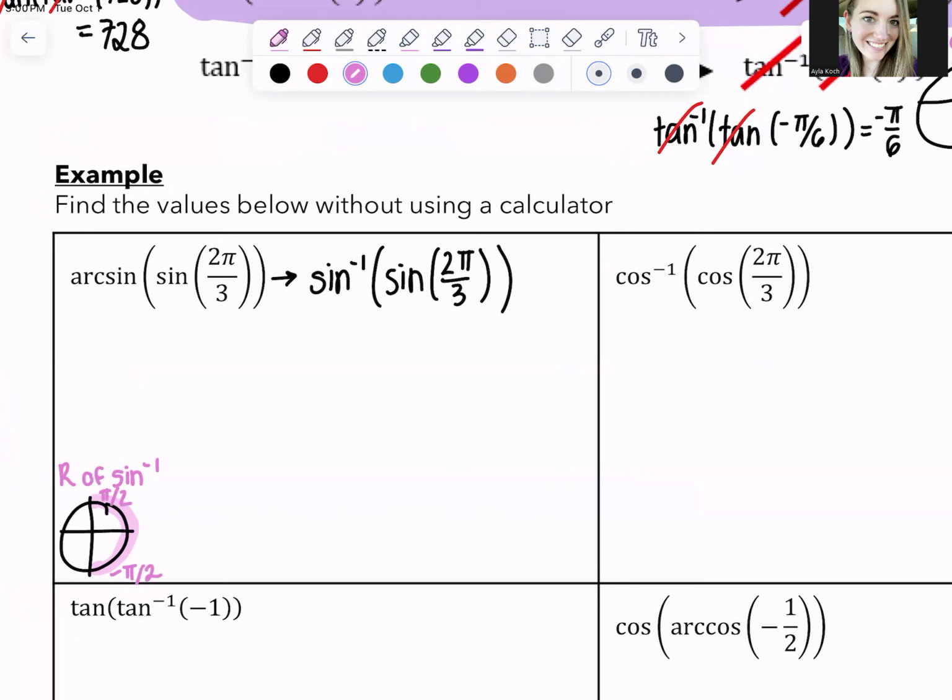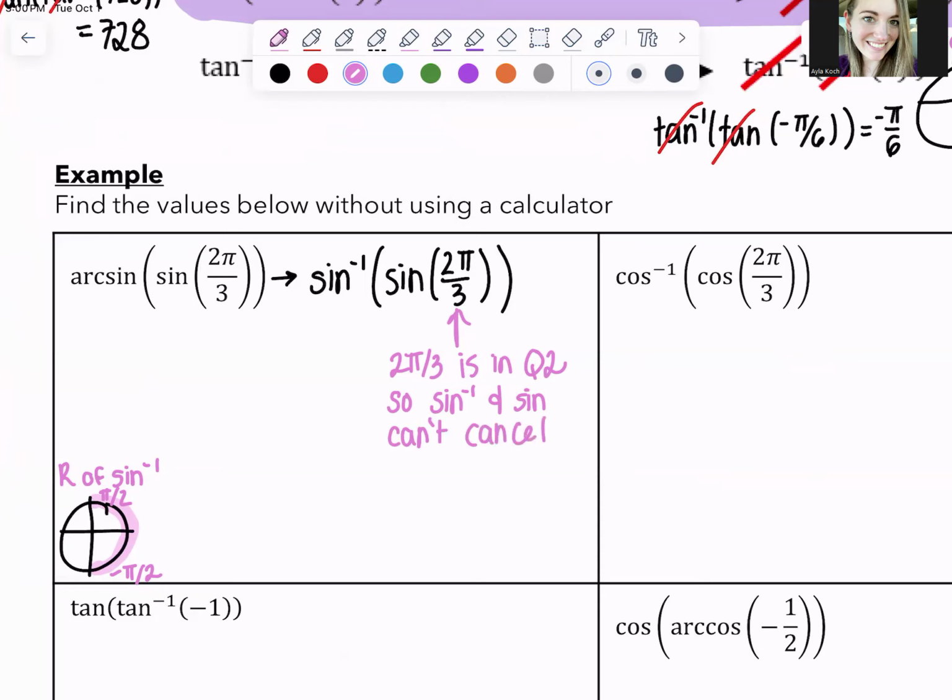And 2 pi over 3 is not in that range, so I can't just cancel. It's in quadrant 2. So sine inverse and sine can't cancel.